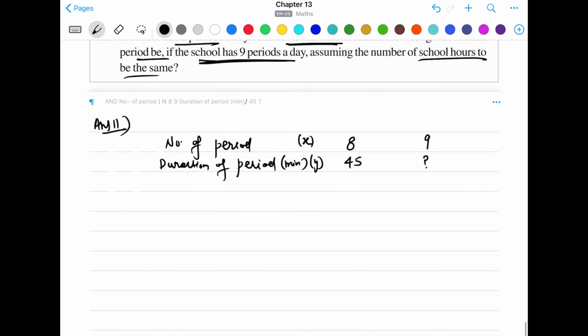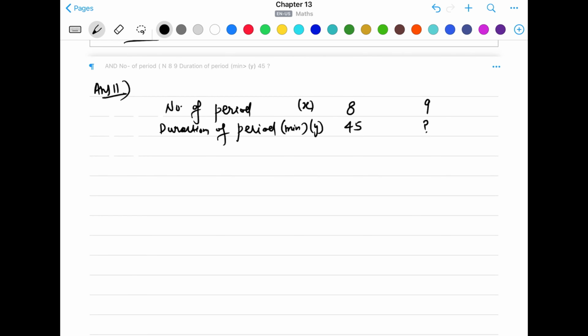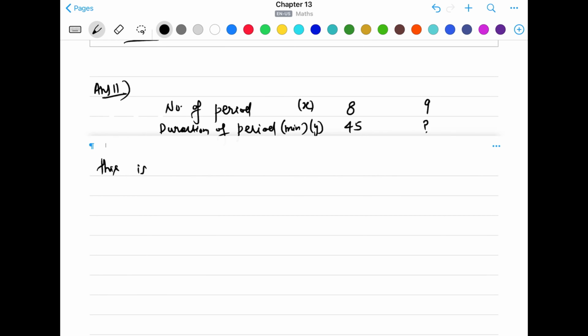Considering this as x and these as y, as the number of periods increases, the duration of each period will decrease. That means this is the case of inverse proportion.